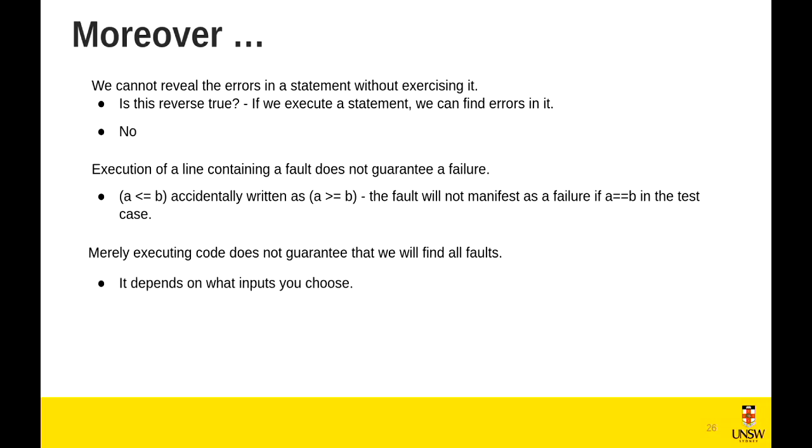It's also about what inputs we choose. So it means that we need to care about values and data. This is one of the conceptual, or fundamental, limitations of structural testing.